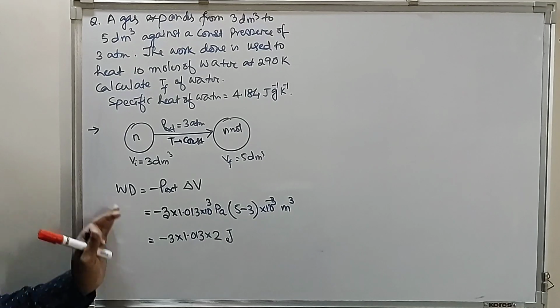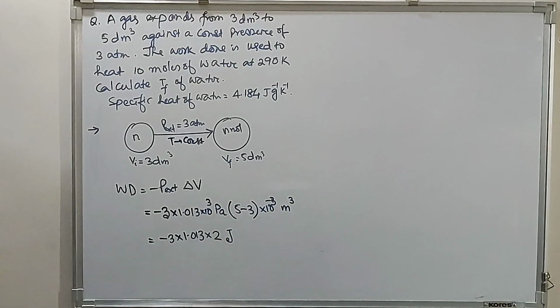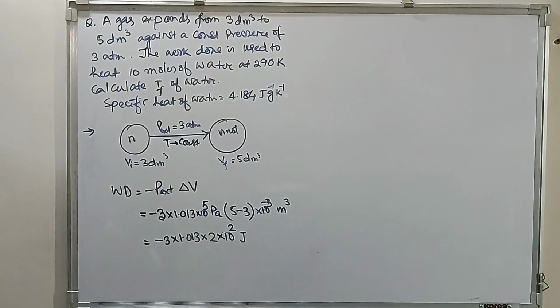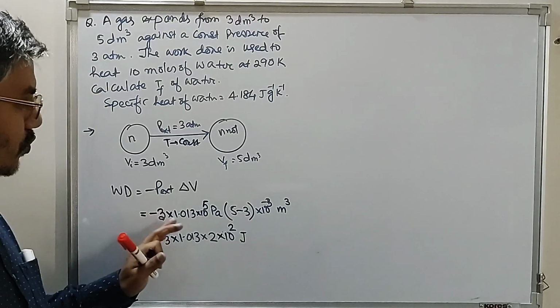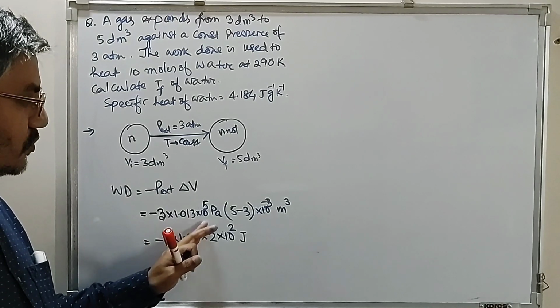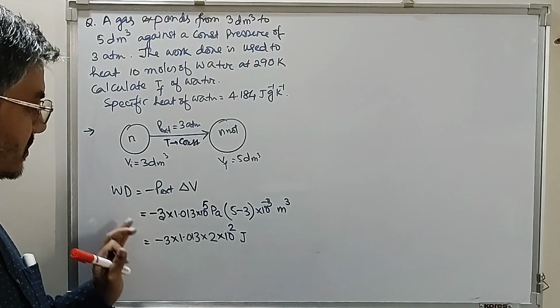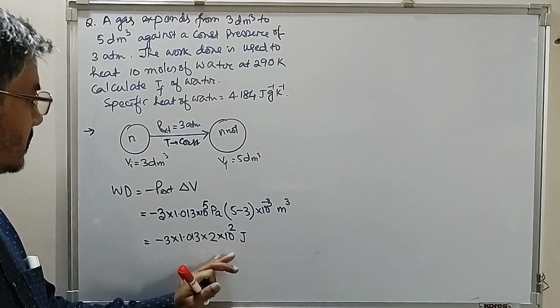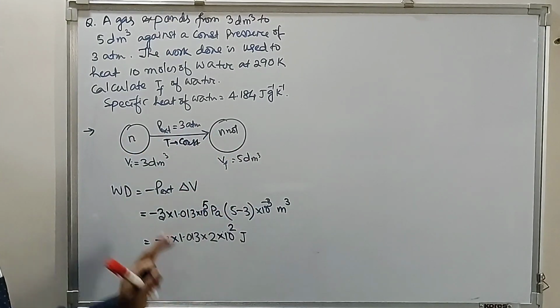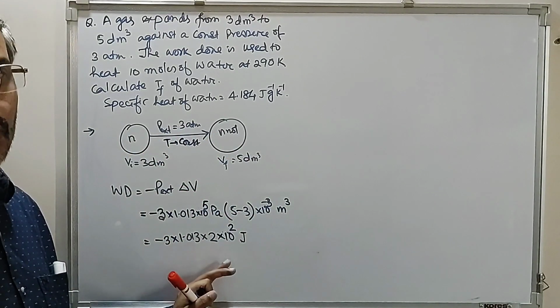Sorry, 1 atm is equal to 1.013 into 10 to the power 5 Pascal. So this is the total work done during this irreversible isothermal process, this much joule.